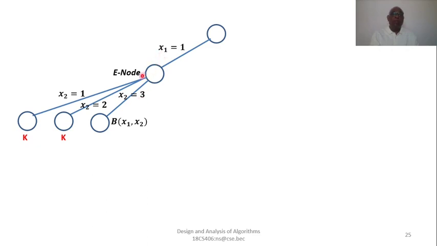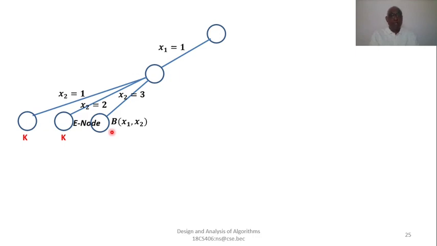The absolute row difference is 1 and the absolute column difference is 2. So it satisfies the bounding function. Because it satisfies the bounding function, this node will become the next E node, which will be explored and expanded further. So this becomes the E node.